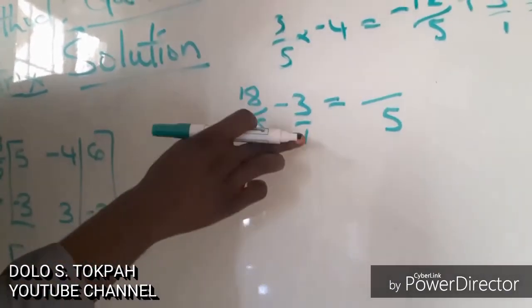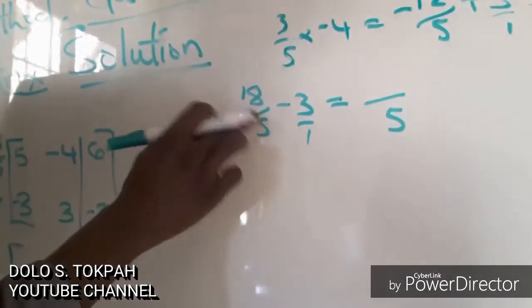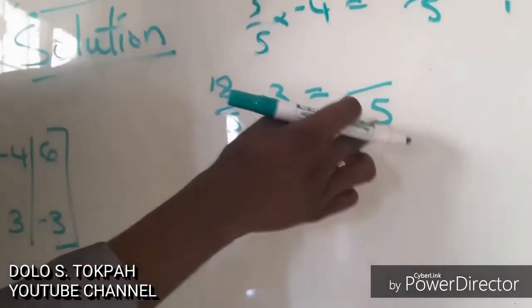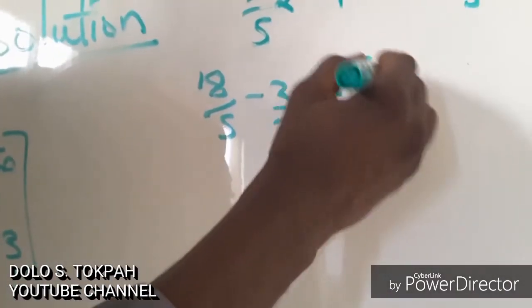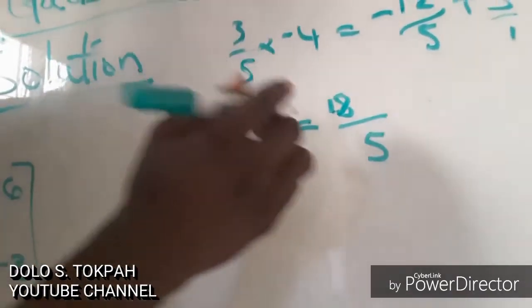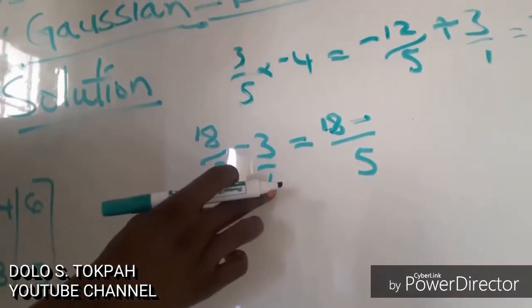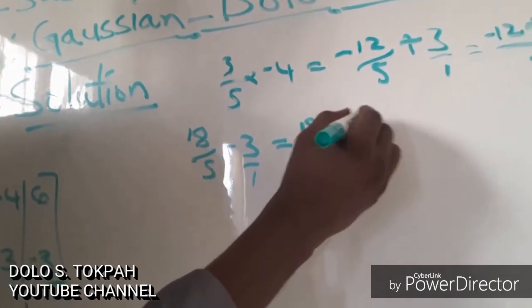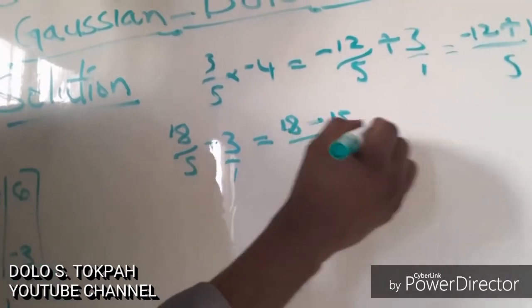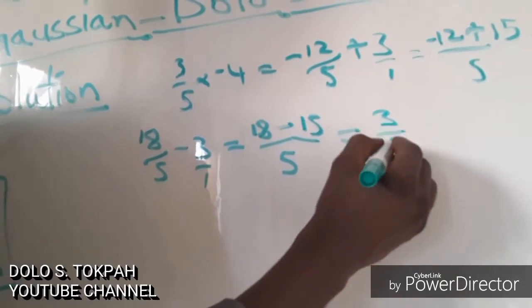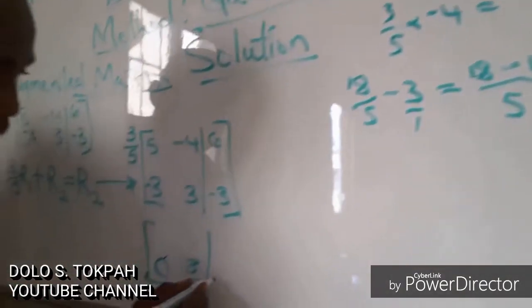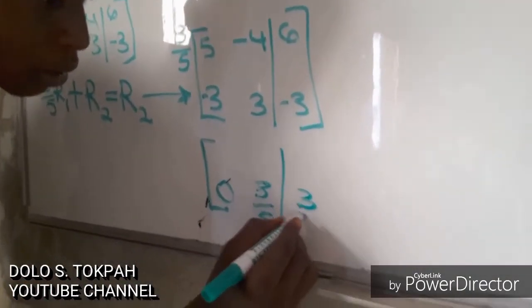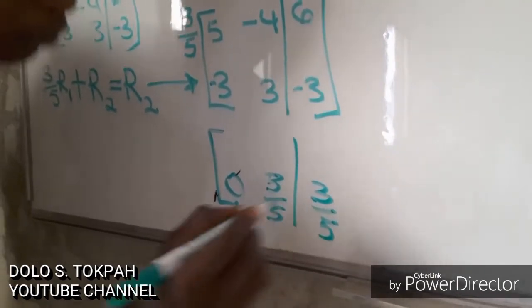So we cross multiply. 5 going into 5 one time times 18 will give us 18, minus 1 going into 5, 5 times 3 minus 3 will give us 15. So finally, we still have the same denominator 5. So the constant here will be 3 over 5.